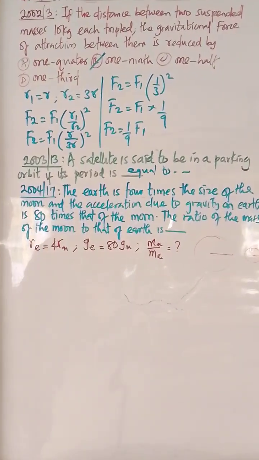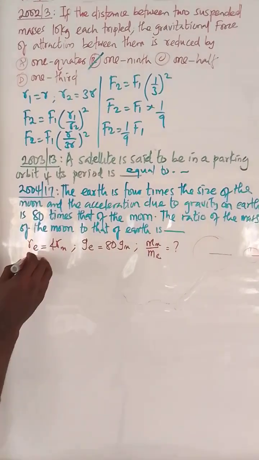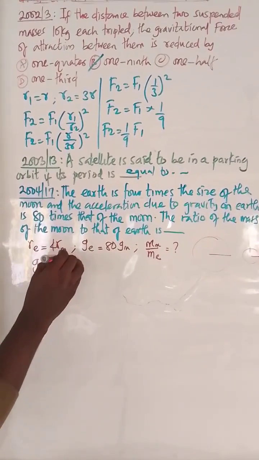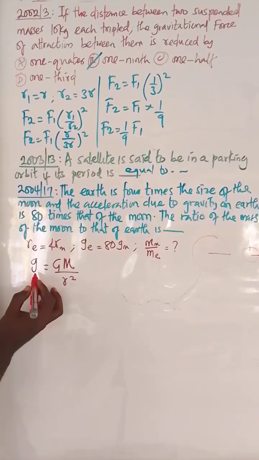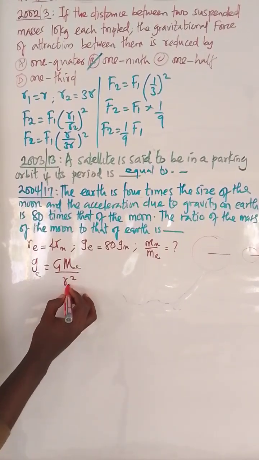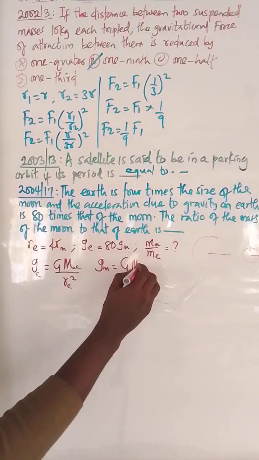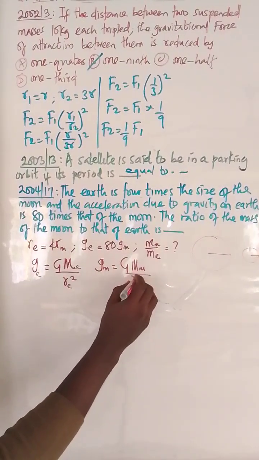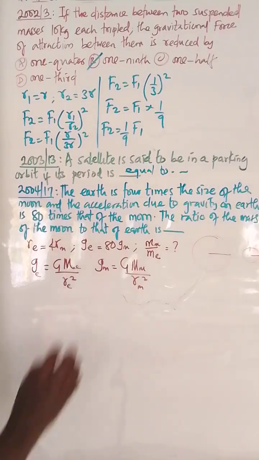To solve this, let's start with this. What is the formula to calculate acceleration due to gravity? If you recall the formula, g itself equals GM over R squared. So for Earth, this will be g Earth equals G M Earth over R Earth squared. For Moon, it will be g Moon equals G M Moon over R Moon all squared. But if you notice something is not changing, what is not changing? This G is a constant.